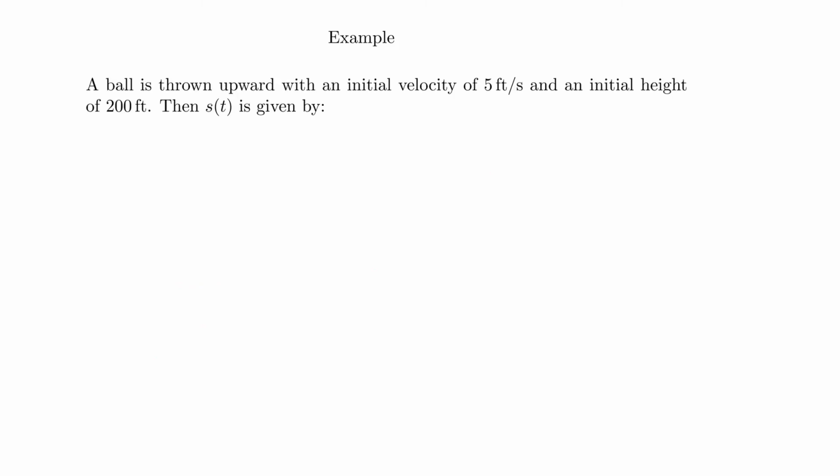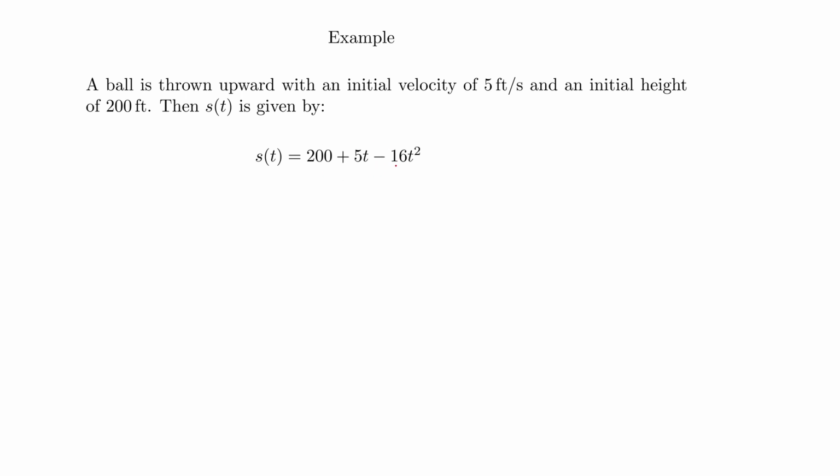So let's just do an example so that we can understand how this would work. Again, we'll do a practical example. Let's say a ball is thrown upward with an initial velocity of 5 feet per second, and we're going to say that it has an initial height of 200 feet. Then s of t would be given by this particular equation here.